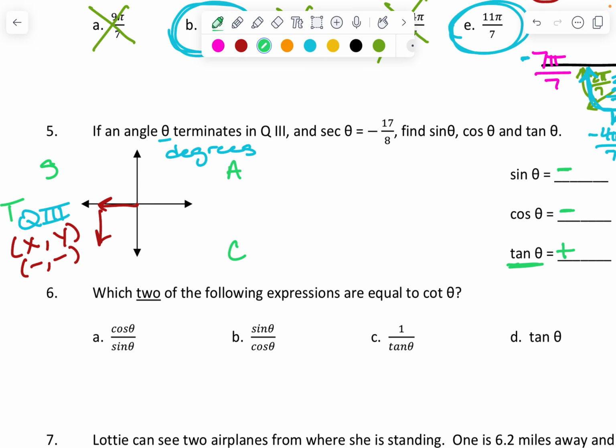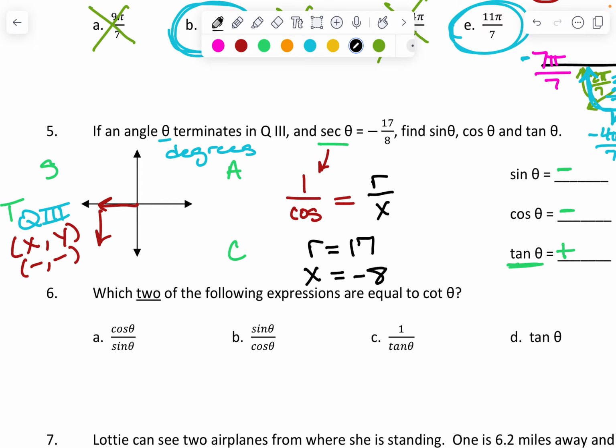Right now, they give us the secant. Secant is the reciprocal of cosine, which means, because cosine is x over r, it's going to be r over x. So what they've given us here is that r is 17 and x is negative 8.